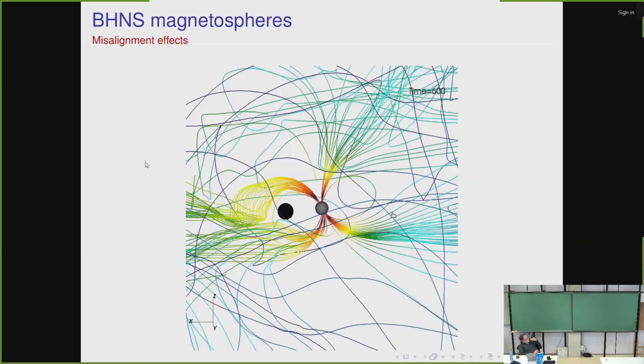So the idea or program here is to first study the dynamics of the surrounding plasma, have some notion of the global solution, and then model the details of possible electromagnetic emission.